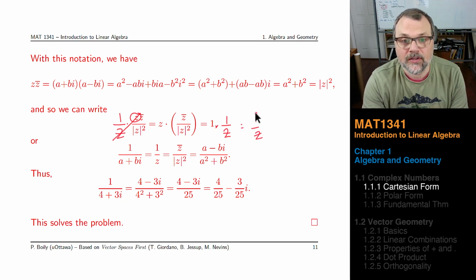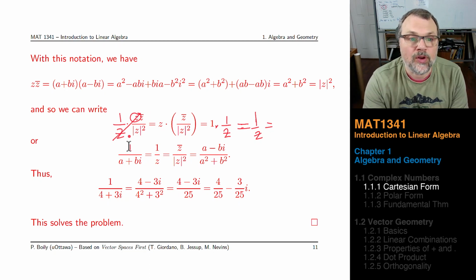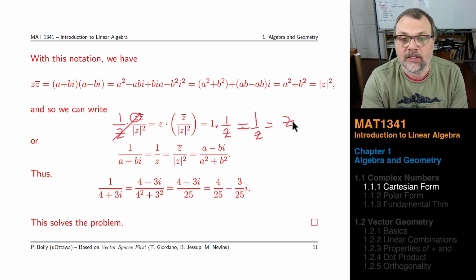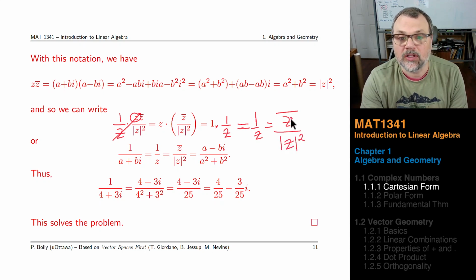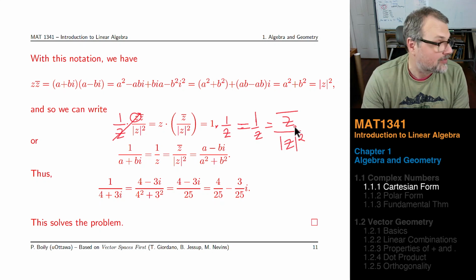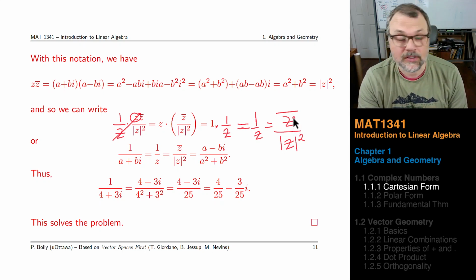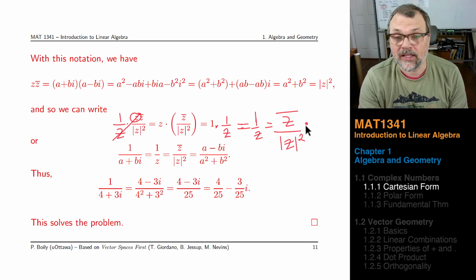So that gives us 1 over z is equal to, I'm just going to rewrite here what we had because it got lost underneath all of these things. That would be the conjugate of z. Also, sometimes I'll just say z bar because it's easier to say, divided by the square of the modulus. So 1 over z is what I'm looking for, and I get it by finding the conjugate and dividing by the square of the modulus.